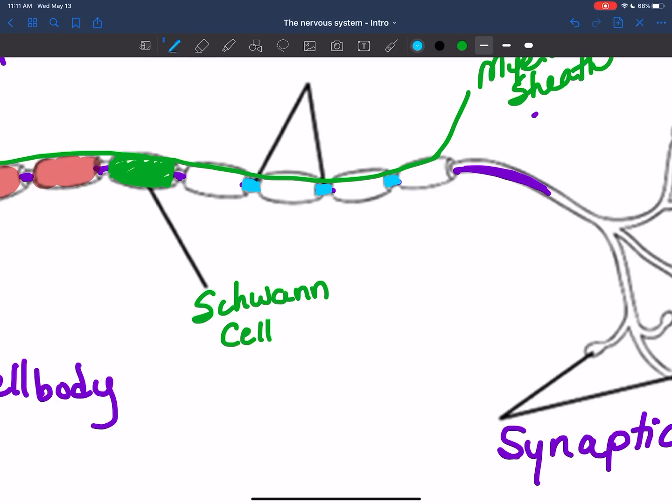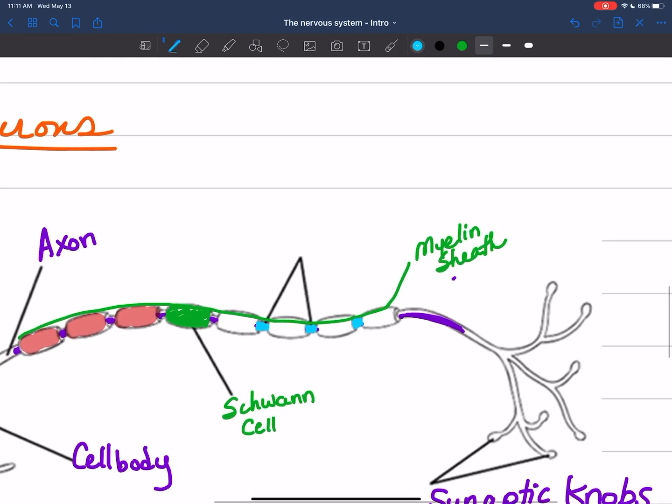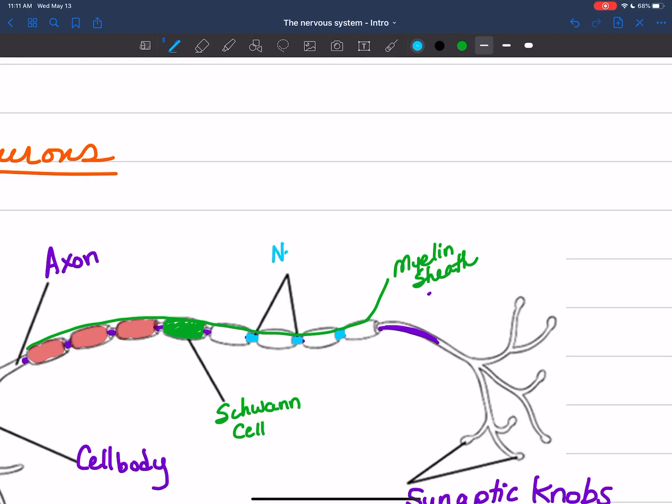It's the part of the axon that is exposed. Okay, so don't forget that whatever is running through those little sausage links through the Schwann cells is the axon. But the parts of the axons that are exposed, that are not covered in myelin, those are known as the nodes of Ranvier.